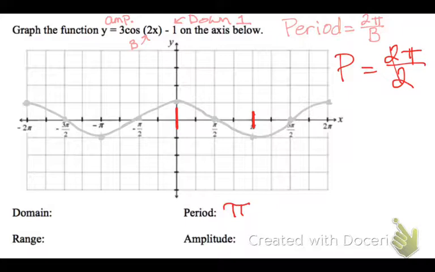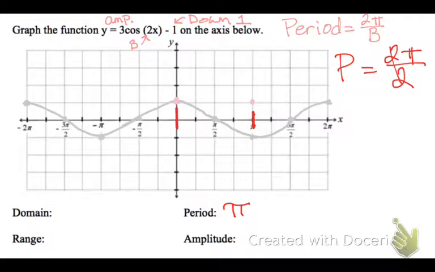So in a lighter color other than red, we'll do a light pink so we can still see it. I need for an entire hill all the way down to another top of a hill to happen between 0 and pi.